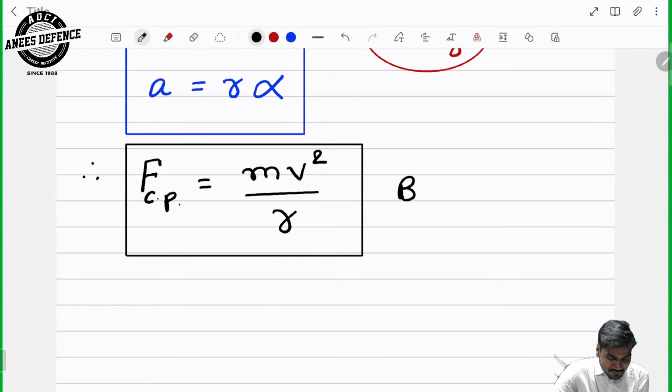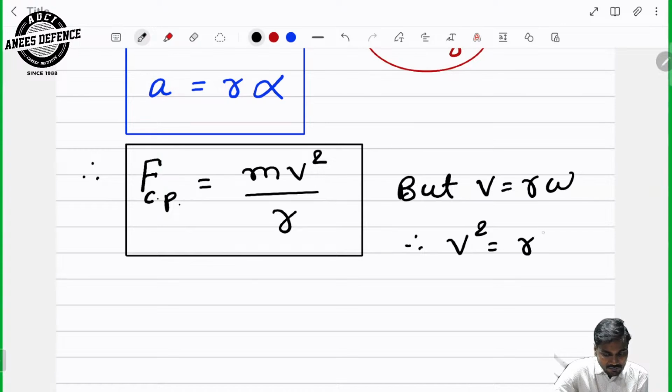Listen, another formula. But v is equal to what? V equals R omega. So v square can be written as R square omega square, since (R omega) whole square is R square omega square, equal to v square.